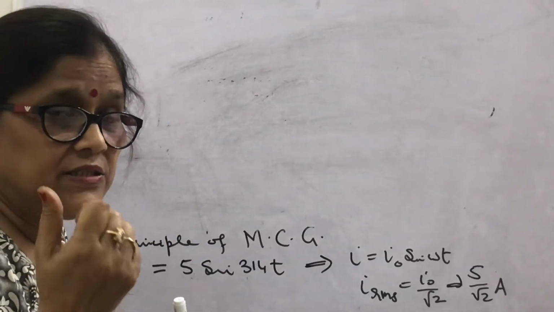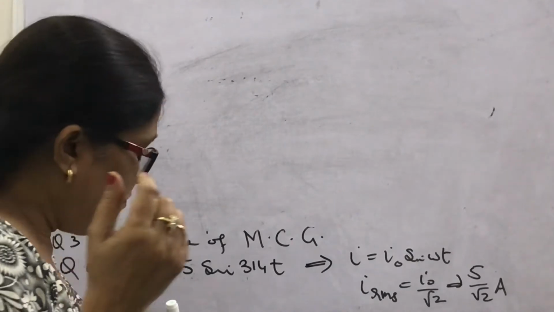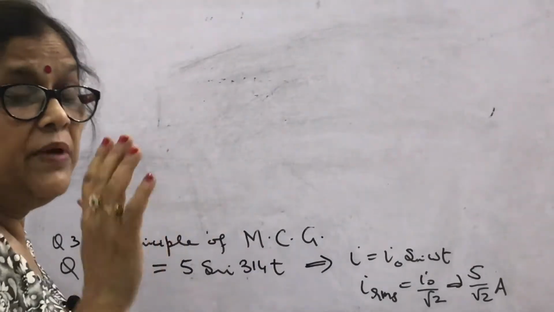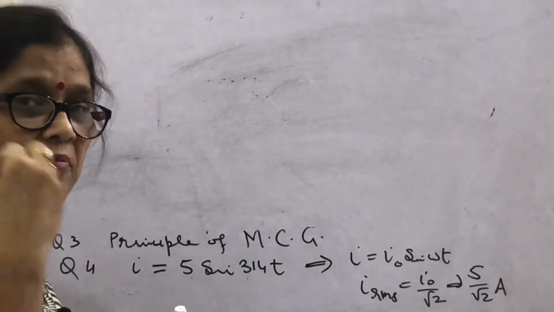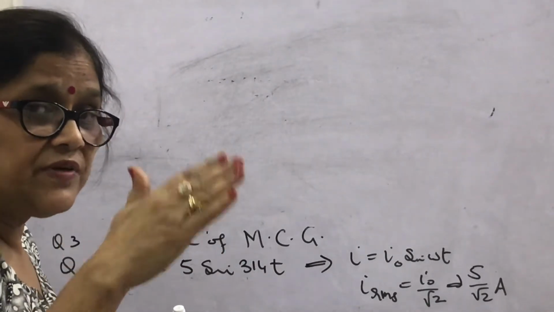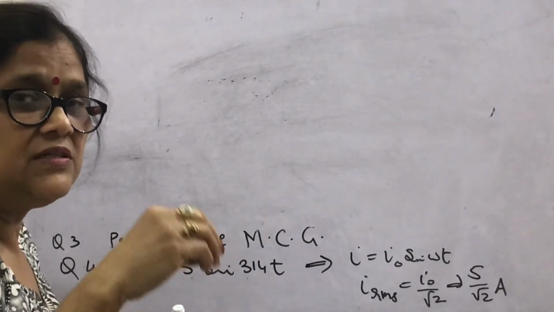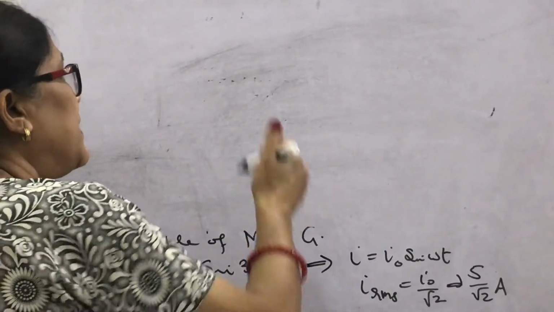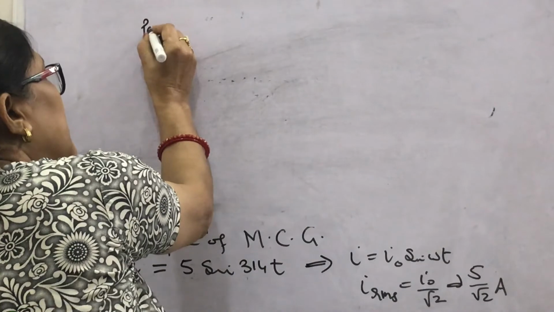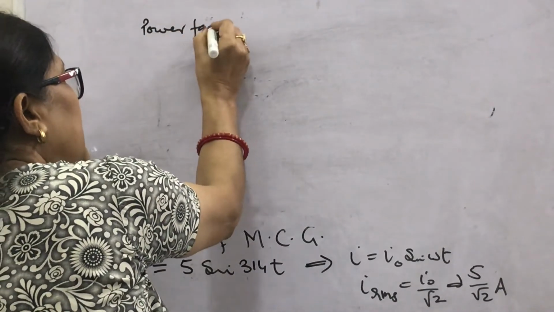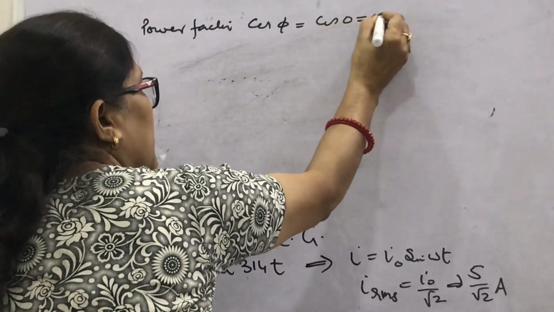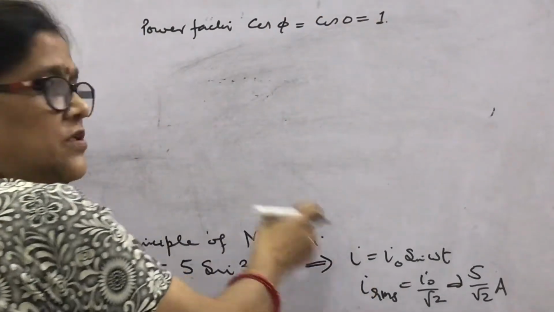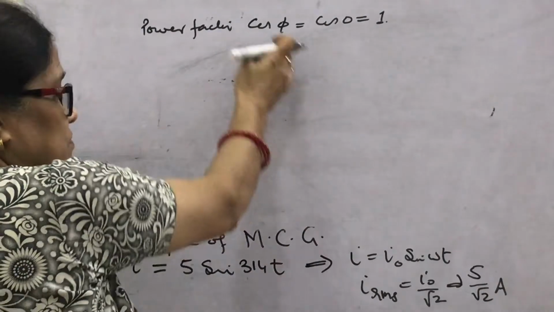Then impedance Z becomes minimum, and power factor cos phi becomes maximum. The phase difference between current and voltage is 0. And what is the power factor? Power factor is cos phi, and cos phi equal to cos 0 equal to 1. This was the choice of this question.